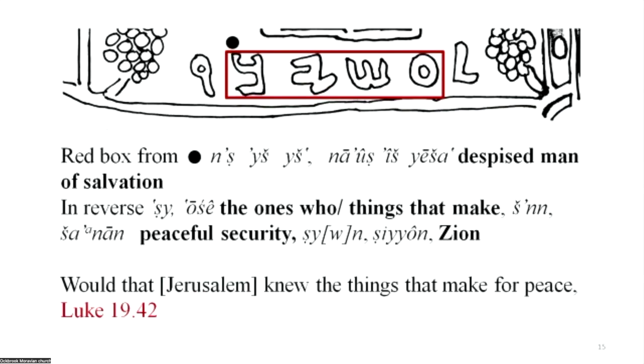If you read the red box from the black circle, so you're reading it from left to right, what you're doing here is something you often find in these books. You'll read one set of letters and then you will go back and perhaps read 2 of that little set of letters as the 2 first letters of the next word, and maybe you'll repeat it again, so you get a lot of overlapping words.